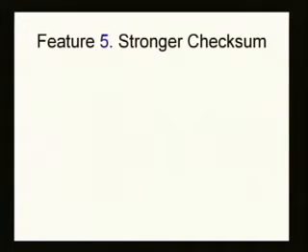So the fifth feature that we'll look at is SCTP's stronger checksum. So like TCP, there is a checksum. So okay, so how's that? So let's break that down. There's several different checksums along the stack, but when you're looking at the end-to-endness, certain portions of the checksums, like for example Ethernet's, are only on a per hop basis.